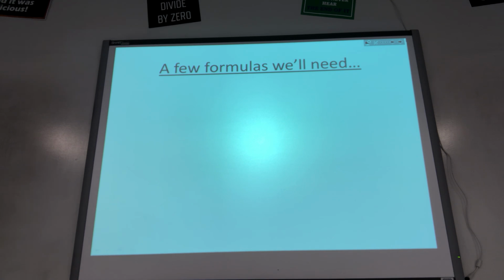Okay, before we get to the example, I do want to tell you about some of our formulas that we're going to use for this problem. And you probably haven't worked on these for a while. The area of a semicircle is basically like half of a circle.